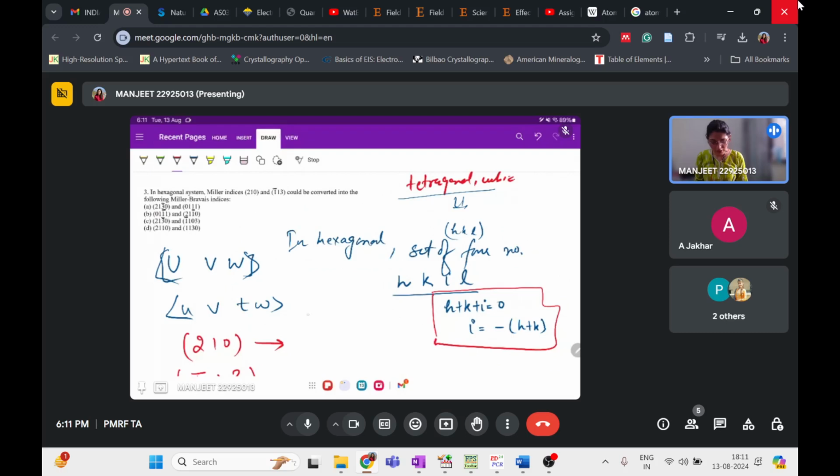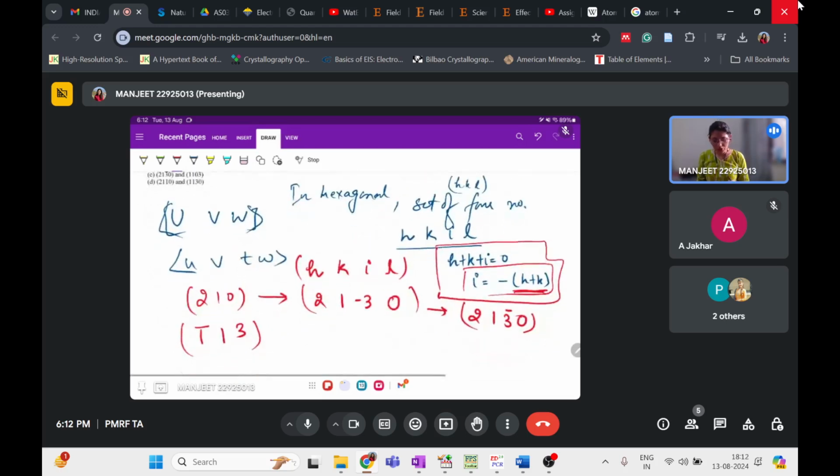Basically, I have to write in the form of H, K, I and L. So this will become 2, 1 and I will be minus of the sum of H plus K. Here, 2 plus 1 is 3, then minus of that is minus 3, and L will be the same, this is 0. So this plane becomes 2, 1, minus 3 and 0.